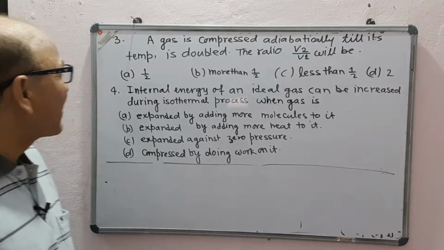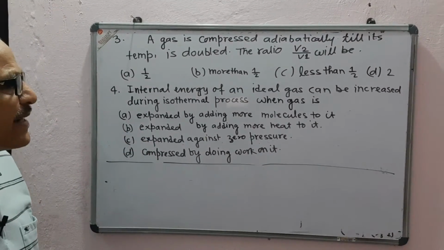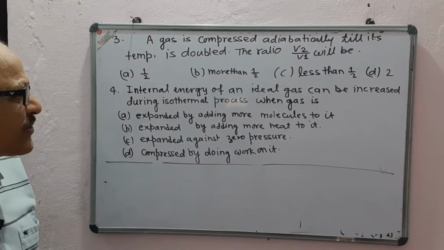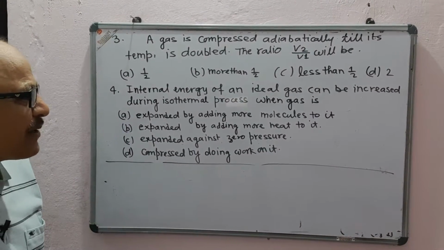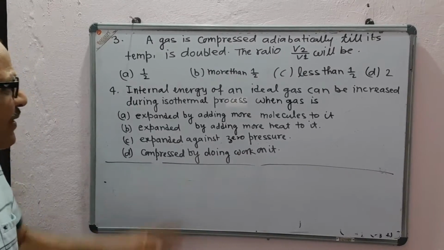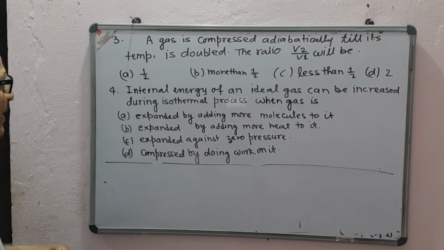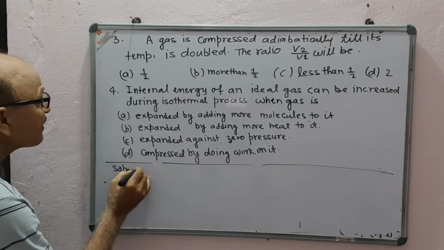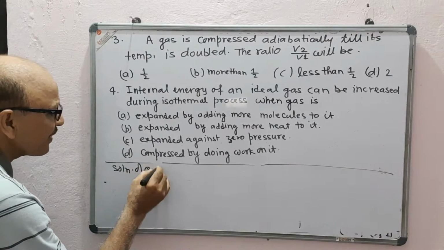Question number 3. A gas is compressed adiabatically till its temperature is doubled. The ratio V2 upon V1 will be. The process is adiabatic. Let us solve it. Solution of question number 3.